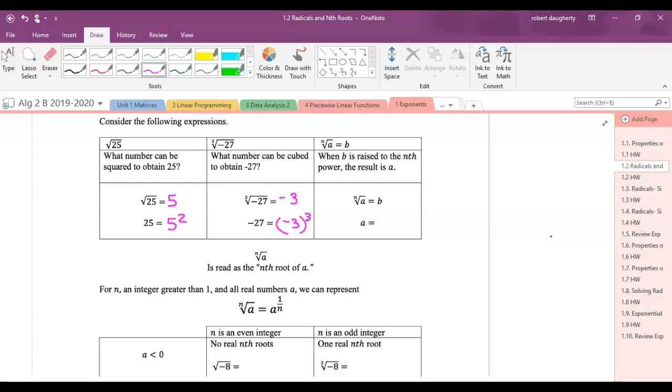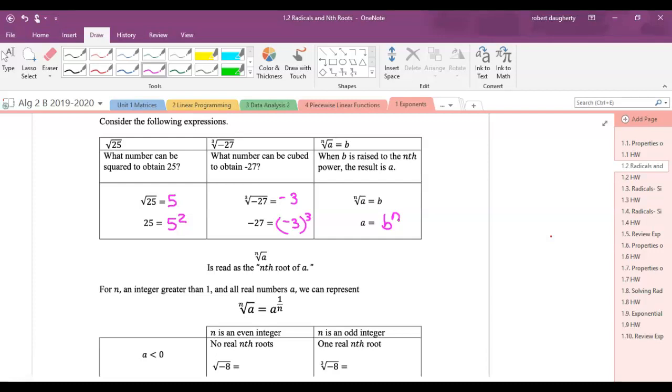If the nth root of a is b, that means that when you take b and raise it to the nth power, you will get a. That's just what we did in all of these; we're just generalizing. When you take any root of a number and end up with another number, you can raise that number to the power to get the original expression.